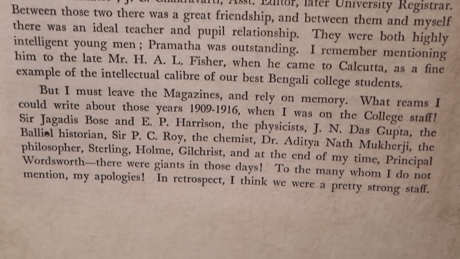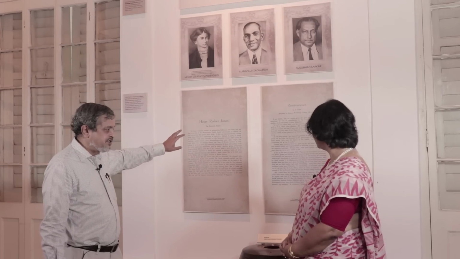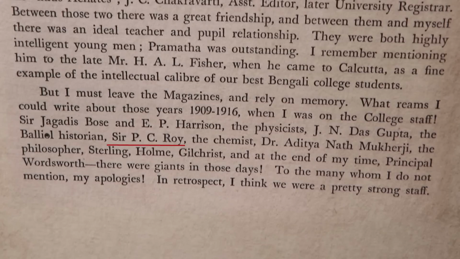If you look at the dates, 1955, that was the centenary of Hindu College turning into Presidency College in 1855. So this was a number specifically devoted to reminiscences. So you have Buddhinath Sarkar writing on Henry Louis James and Oten writing on his own experiences, referring to Manmohan Ghosh, Jahangir Koyaji, then Ramothanath Banerjee, Sir P.C. Roy, and so on.